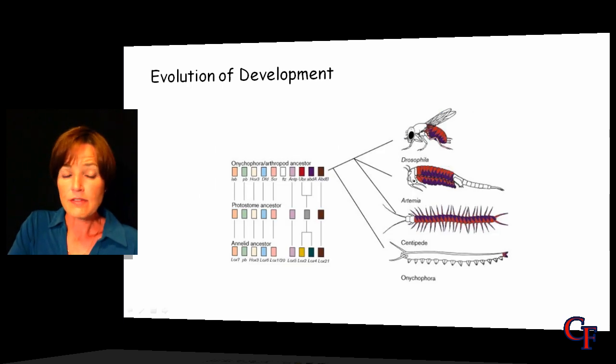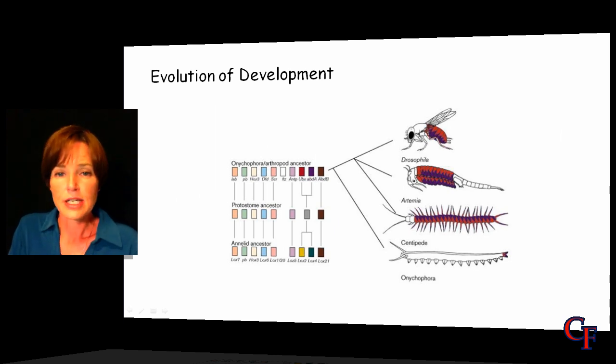If we talk about the evolution of development, these Hox genes have played a large role. When we look at species that are close together on the evolutionary tree, we can see that their Hox genes are expressed in similar locations. We can see how those genes have changed their expression patterns over time.